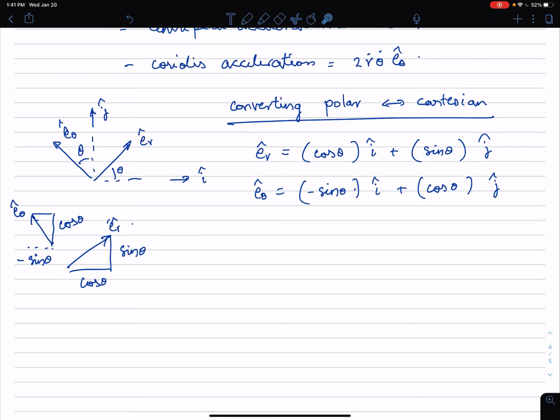So if you're given some vector in polar, you can just plug in these equations to convert to Cartesian.